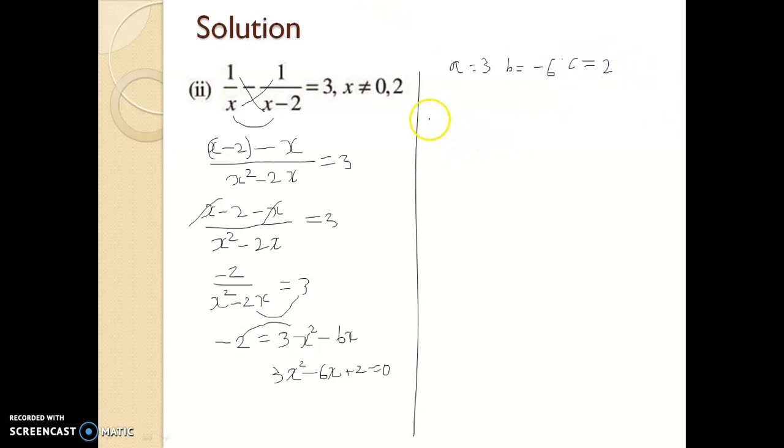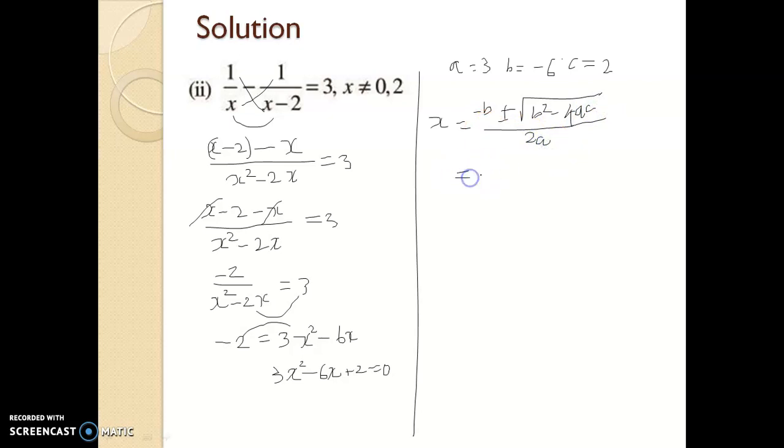Okay, now formula is x equal to minus b plus or minus square root of b square minus 4ac divided by 2a. So this is the formula.